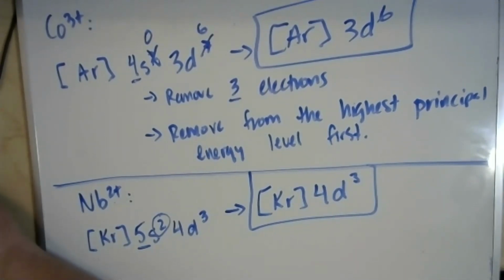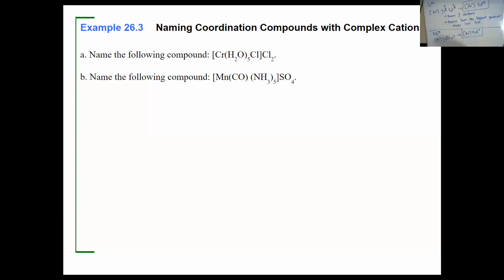All right, our next question has to do with naming. So we're gonna have a little discussion before we can talk about the naming, because I'm gonna blow through some stuff here and I don't want you to be like, what are you talking about?